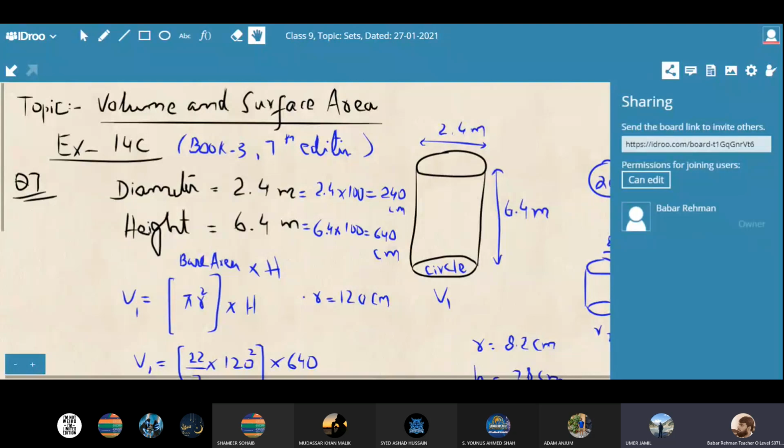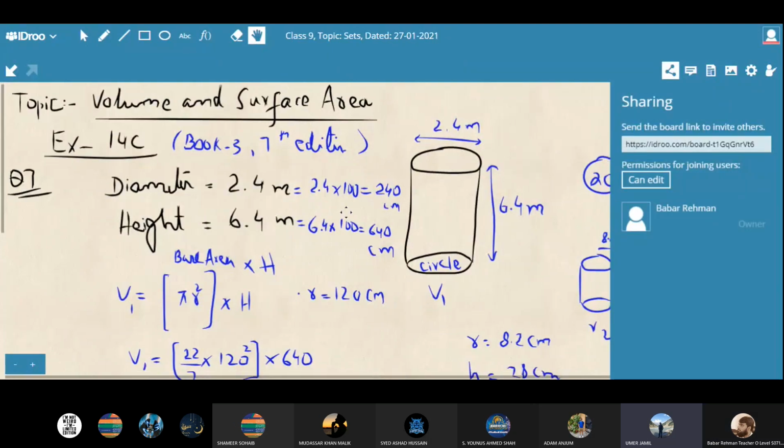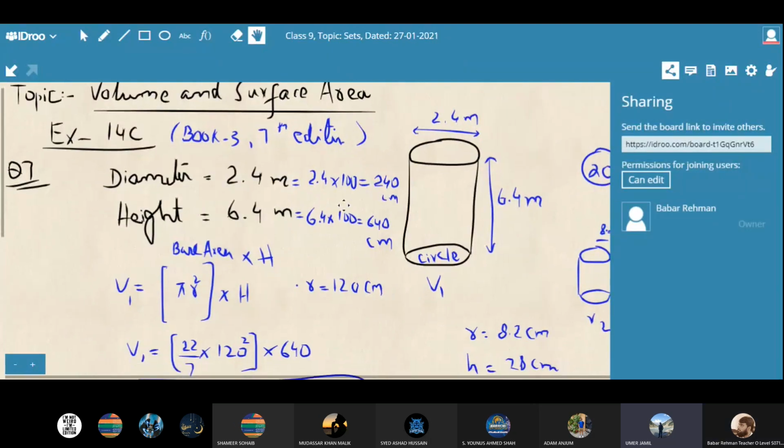So first we will take out the volume of the first cylinder, which is V1, equal to base area multiplied by height, or commonly, pi r square multiplied by height. We are not given the radius yet. We are given the diameter, which is 240 centimeters.